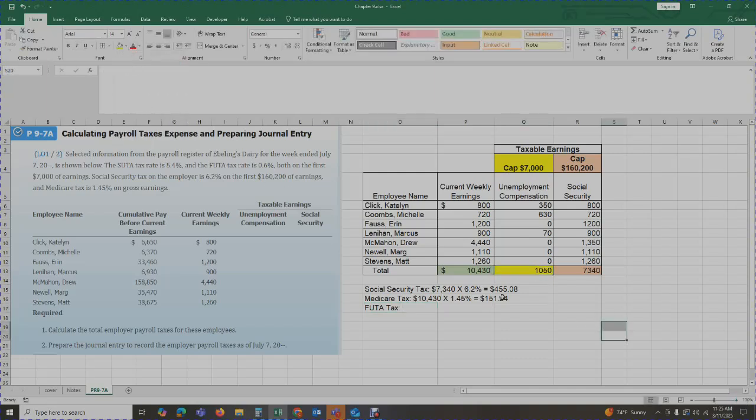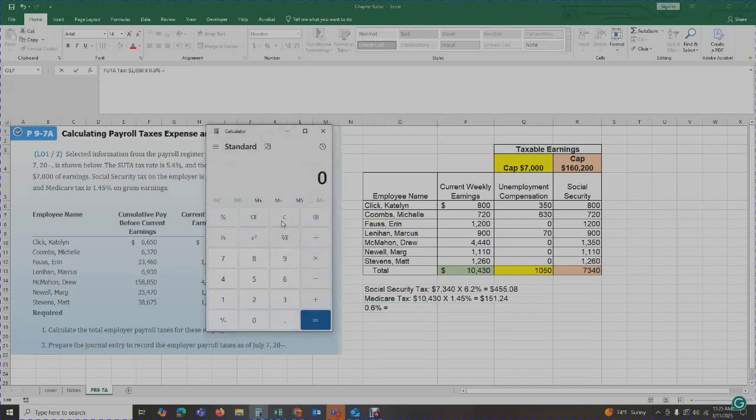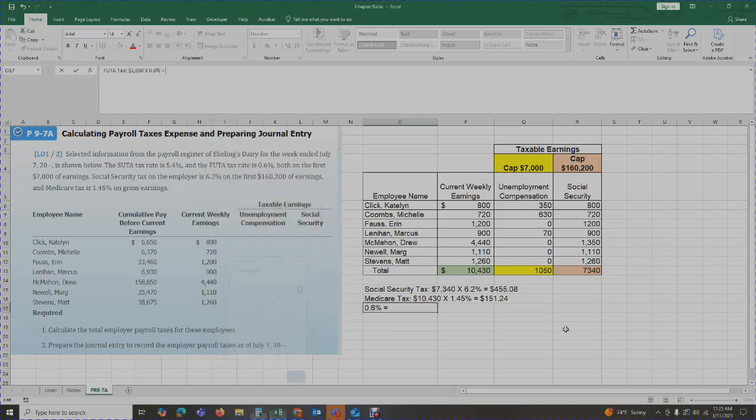So for my FUTA tax, I'm going to get my 1,050, and my FUTA rate given in the problem is 0.6%. We're going to multiply the 1,050 times the 0.6%, and that'll give me $6.30 of taxes.